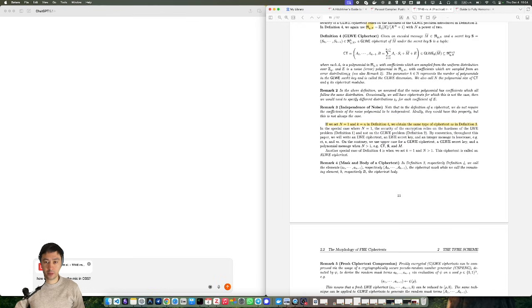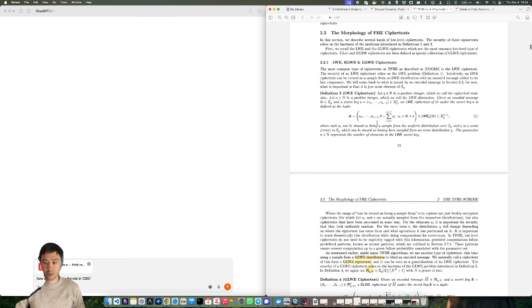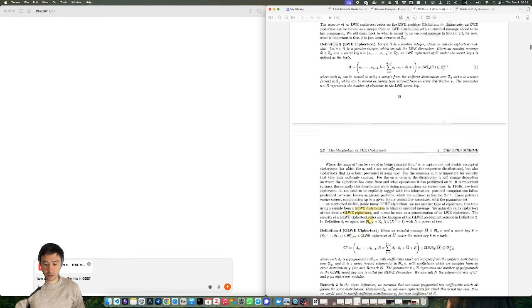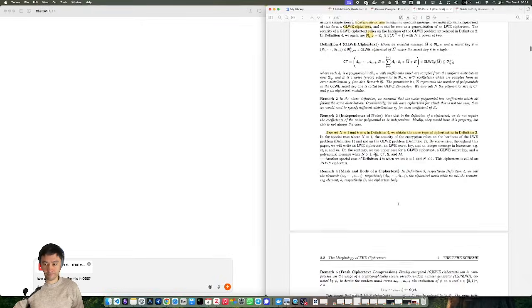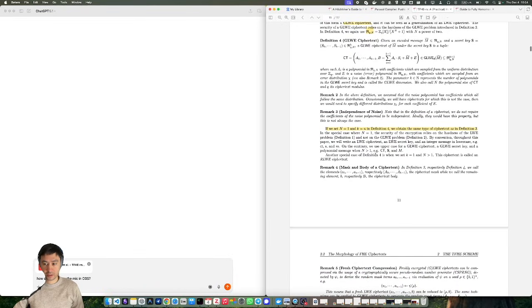So n equals 1, meaning that elements here are going to be polynomials of degree 0. They're basically constant terms, and that's basically back to definition 3, where we just had elements in that ring, like all the numbers from 0 to q. And constant terms in this polynomial quotient ring are basically in the ZQ ring. It's good to understand these kinds of things to wrap your head around it, I guess.